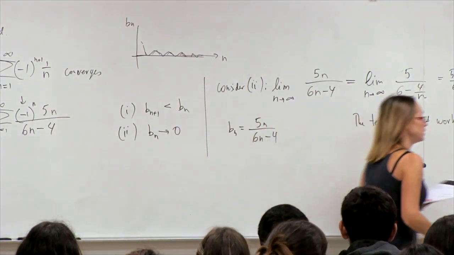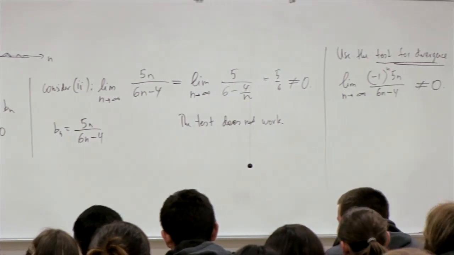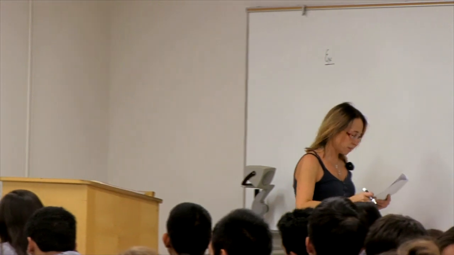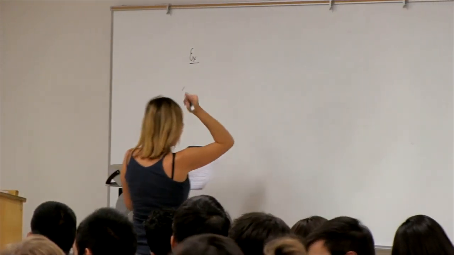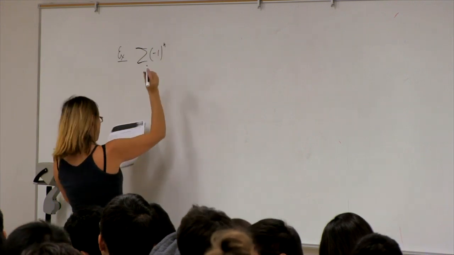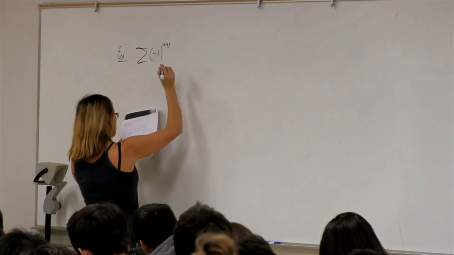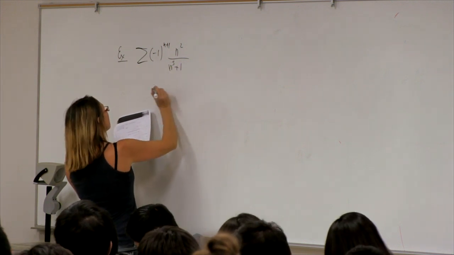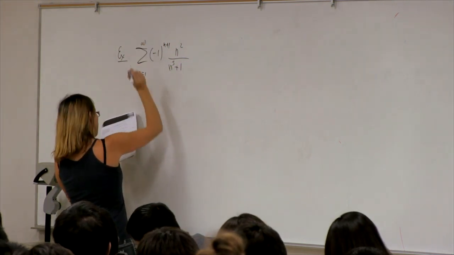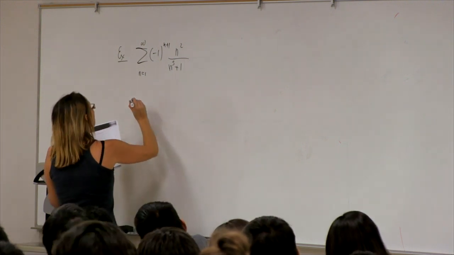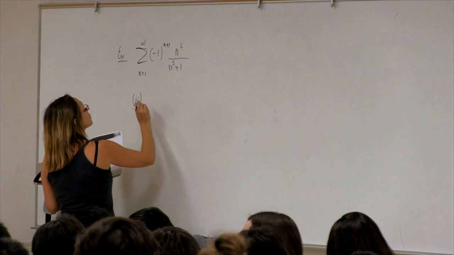Okay. Another example. It forces us to test exactly this condition, the first condition. So let's look at the following alternating sequence: n squared over n cubed plus 1. So let's check 2 first.